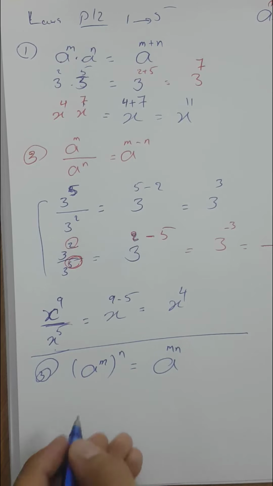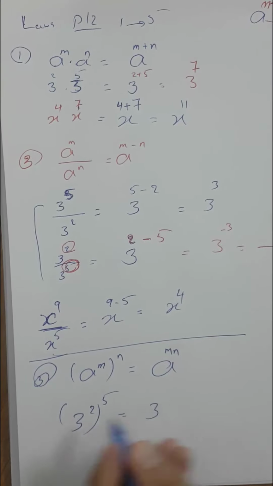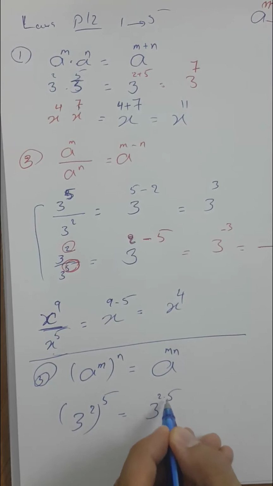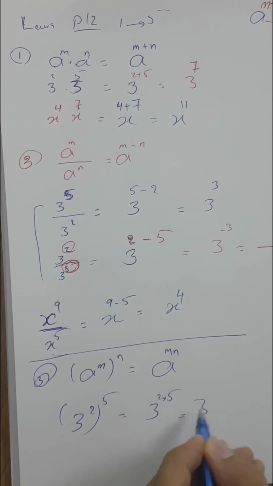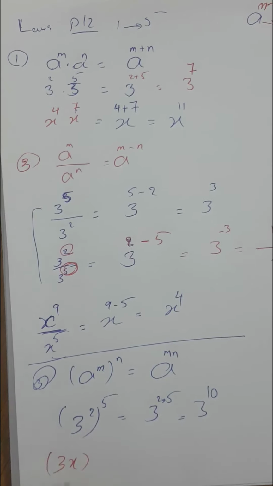I'll give you an example which is easier for you. If I have 3 to power 2, all to power 5, directly I say it is equal to 3 to power 2 by 5 multiplied, which is equal to 3 to power 10. Okay dear. How about if I change it to x to power 4, all to power 3?